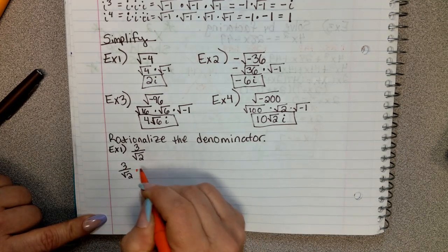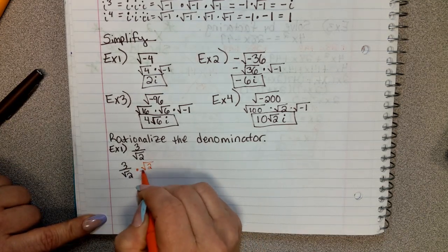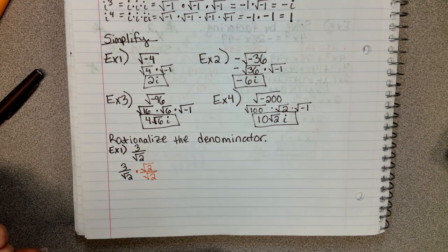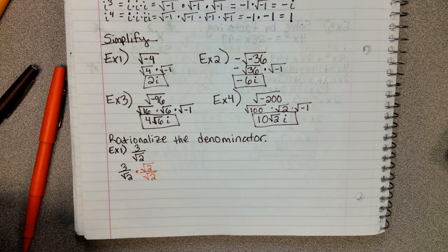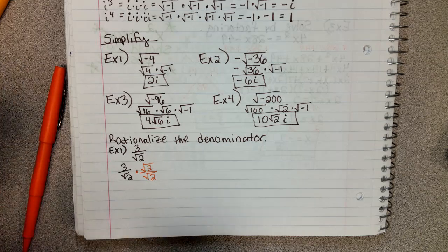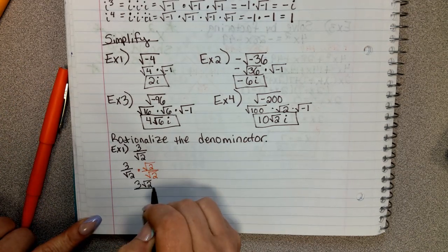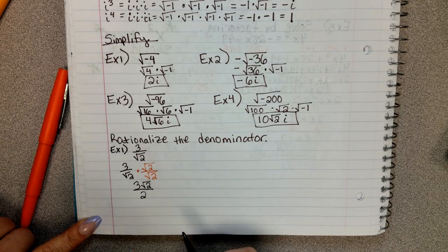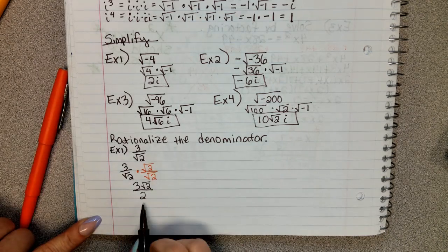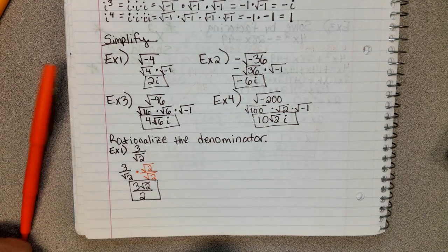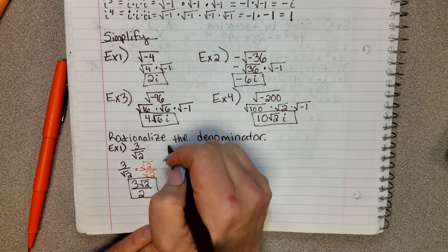I'm going to write the number 1 as the square root of 2 over the square root of 2. Now that is going to be great, because now in the numerator I have 3 times the square root of 2, and in the denominator I have 2. The square root of 2 times the square root of 2 is 2. Now I don't have a radical in the denominator.